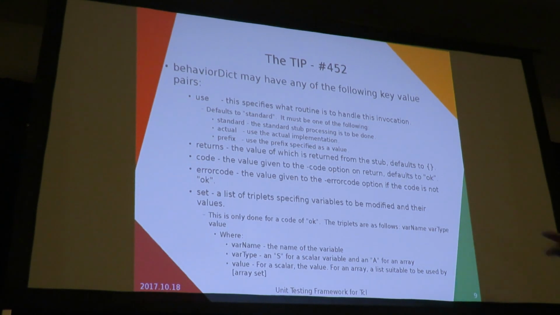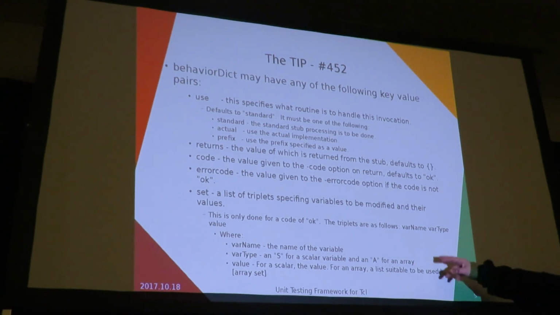You can set, and this is a set of triplets, because a lot of times in Tcl we'll pass in a name of a variable. The procedure has the side effect of doing an upvar and changing it. So this is what the set does. You pass a variable name, either in a type, either scalar or an array, and a value for it.